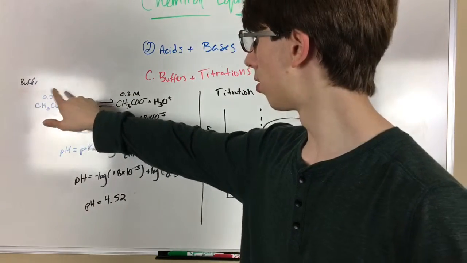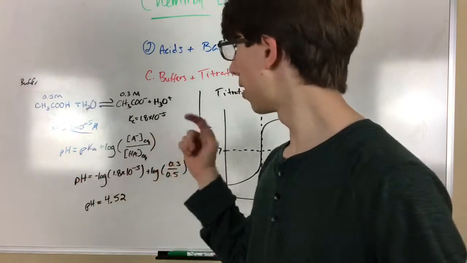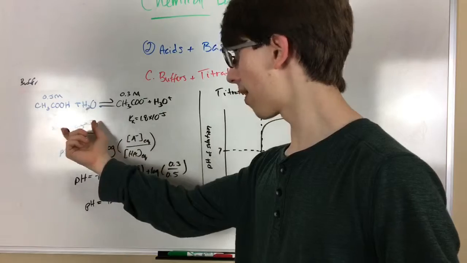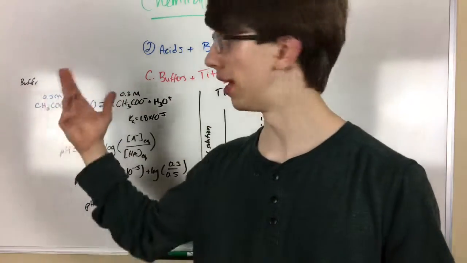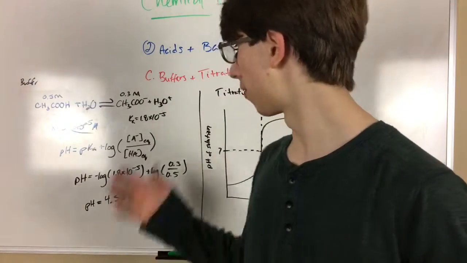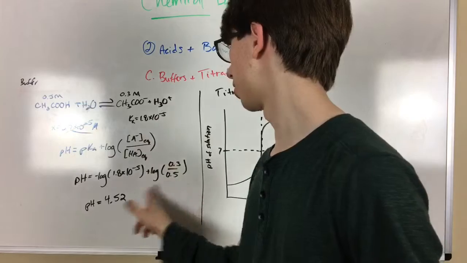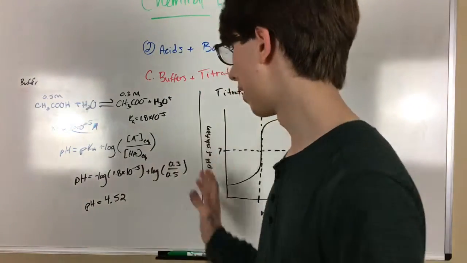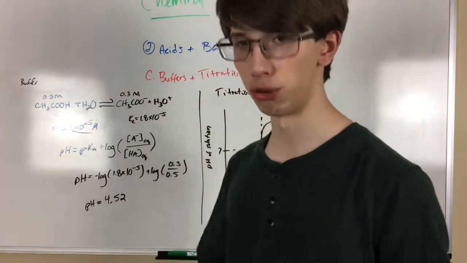If you have large concentrations and a small Ka, it means that the X value, meaning the equilibrium concentrations, are not going to be too much different from the original concentrations, and so therefore you don't have to worry about it. And you can just plug in the original concentrations into the Henderson-Hasselbalch equation, and therefore you will get the correct answer, at least something very close to the correct answer.